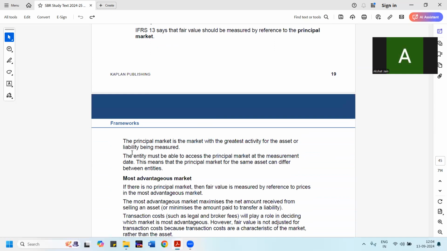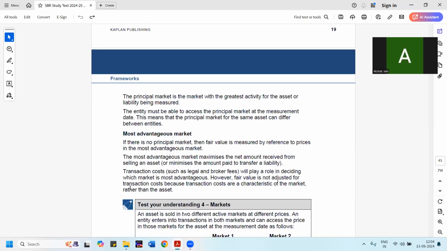So the principal market is the primary market, where it is very general for an asset of the same nature to be sold or a liability of the same nature to be transferred. If there's no principal market, then fair value is measured by reference to prices in the most advantageous market, which maximizes the net amount received for selling an asset.